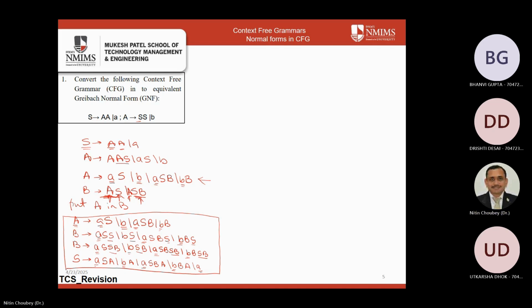In any of the conversions, the first step is always to go for simplification of grammar first. Thereafter, if you are going for CNF, convert all the terminals which are associated with variables into equivalent variables, and then replace the production rules containing more than two variables into containing two variables by using dummy production rules, dummy variables.